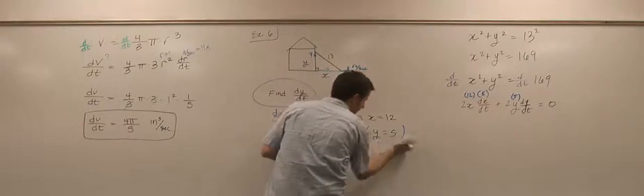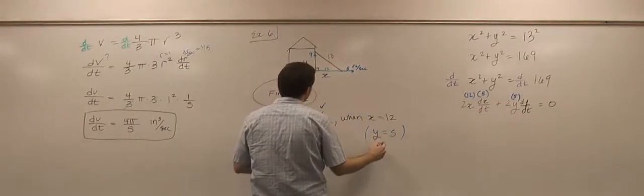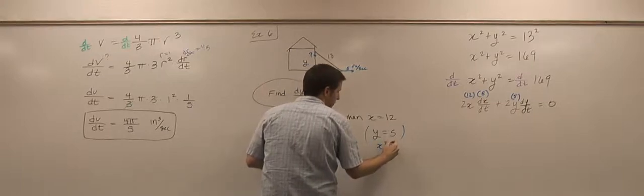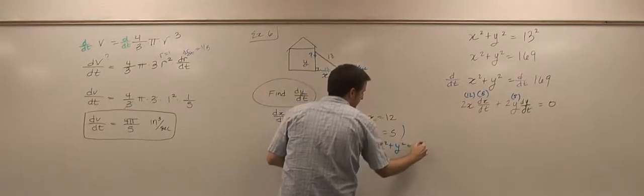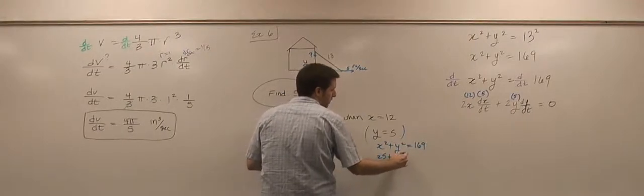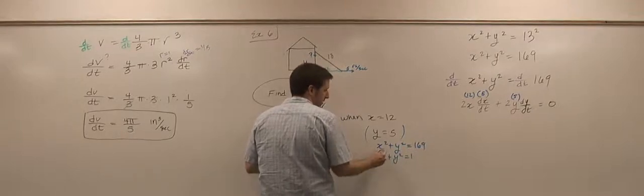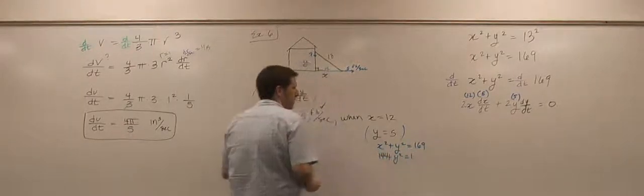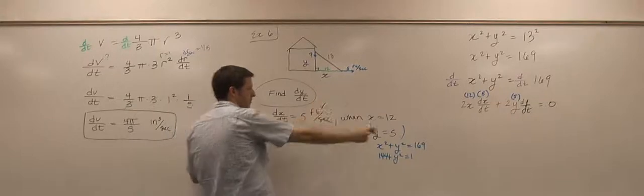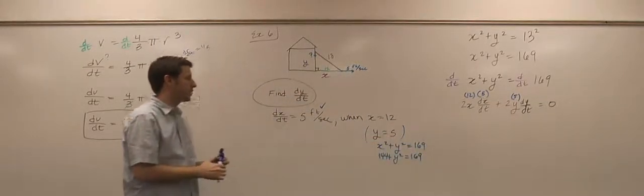I solved for this by writing the equation, just so you have it: x squared plus y squared equals 169, but then I plugged in 12 for x. So that's where the 5 came from.